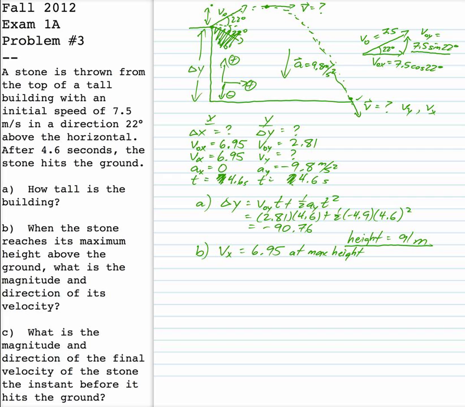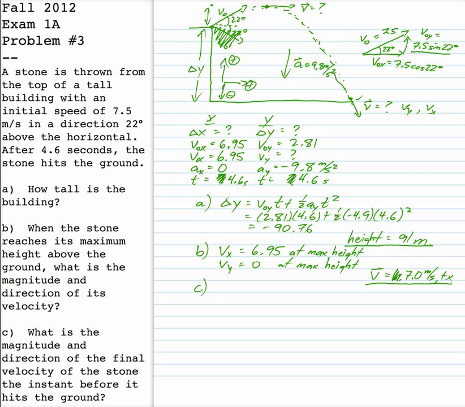I also know that Vy is 0 at max height. Remember, that's one of those basic assumptions that we make. And so there's our two components right there. And so the velocity is equal to 6.95. Well, I need to round that off, don't I? It's 7.0 meters per second in the plus x direction. Right? So I really didn't have to do any calculations for that part.